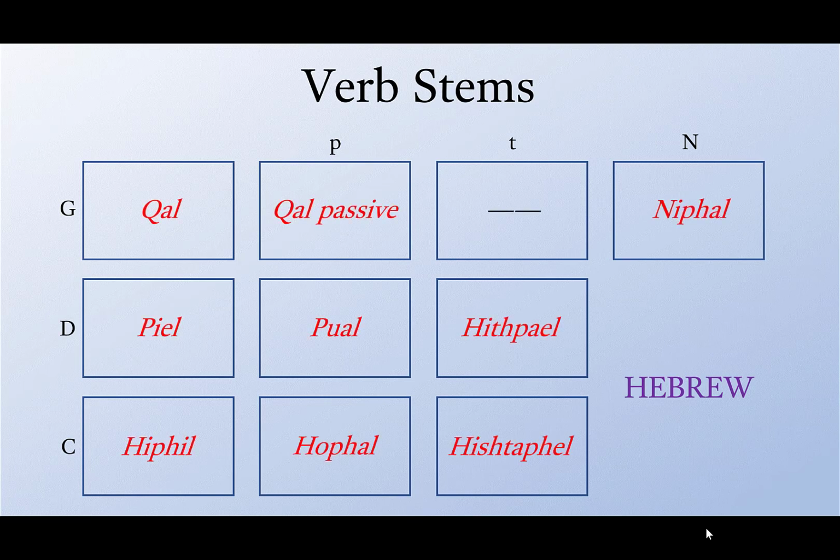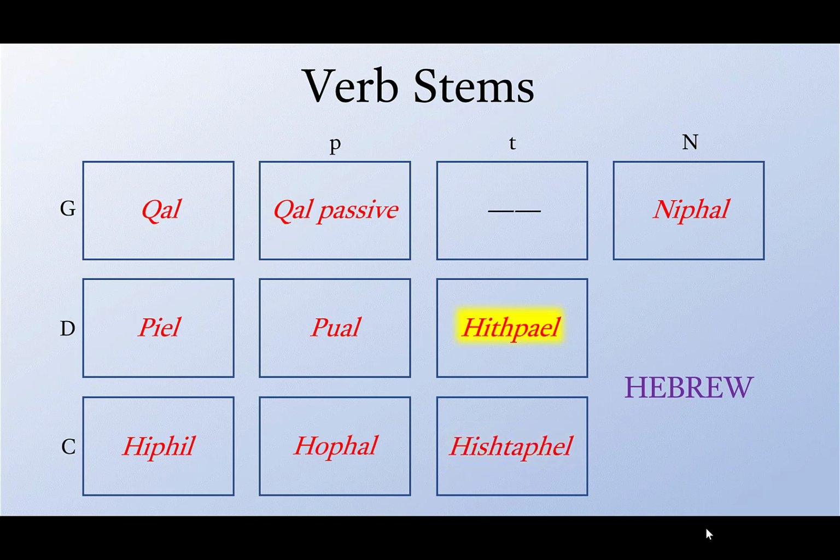Now, if we supply the Hebrew names that we're familiar with, we have Kal, Piel, Hifil that are the basic G, D, and C stems. Their passive equivalents are Kal passive, Pual, and Hofal, right? And then we get over to T, the reflexive stems, and we notice that biblical Hebrew does not have a TG stem. And the reflexive stem we're familiar with probably is the Hitpael.